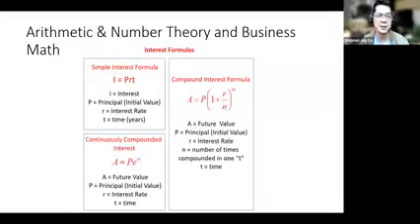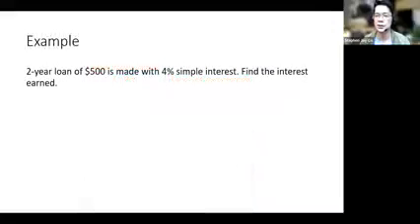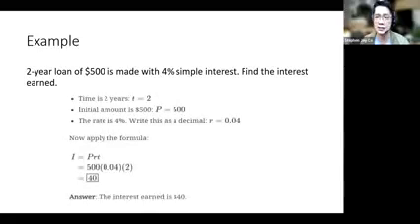Next, for business math, you have the interest formulas as we have previously discussed earlier. For example, a 2-year loan of $500 is made with 4% simple interest. Find the interest earned. So here, simply a simple example of I equals principal times rate times time.